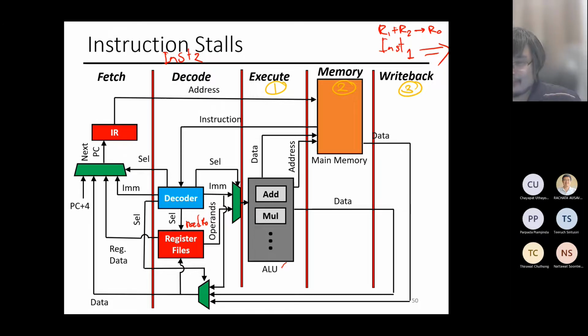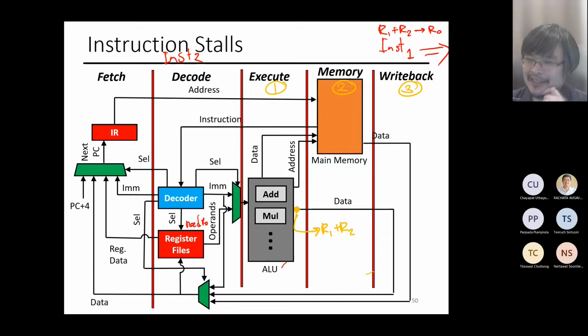The correct value is actually available right here, right? In the execute stage, I have that in the adder. I just have not pushed it back to R0 yet.